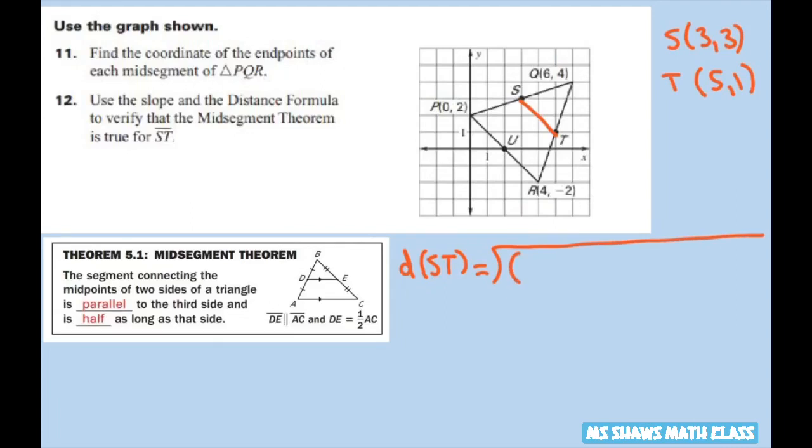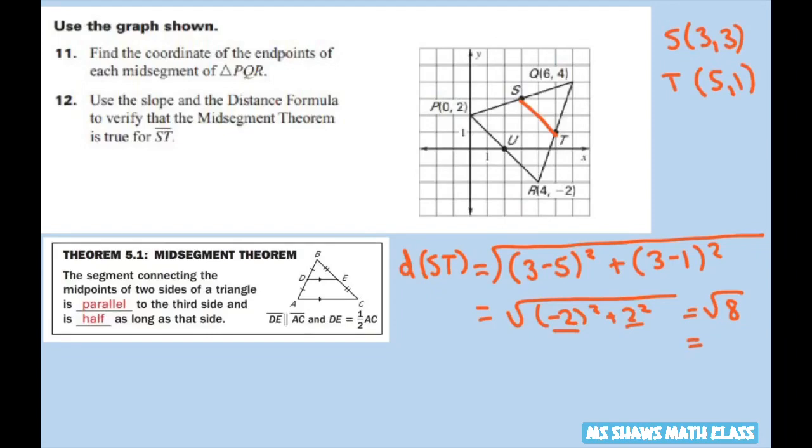You subtract your x's, so that's 3 minus 5 squared plus your y's, 3 minus 1 squared. Now that equals the square root of negative 2 squared plus 2 squared, which equals 4 plus 4, square root of 8. Now this equals square root of 4 times 2. And that gives us 2 square root of 2.